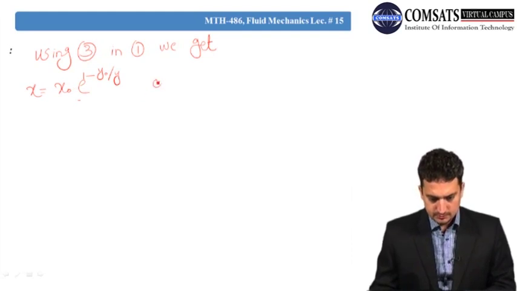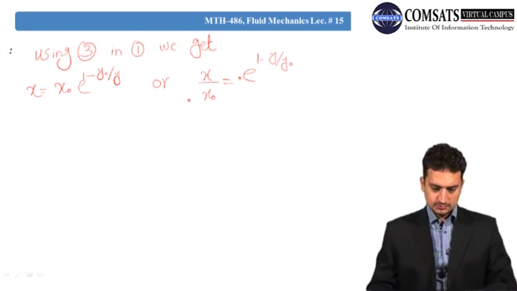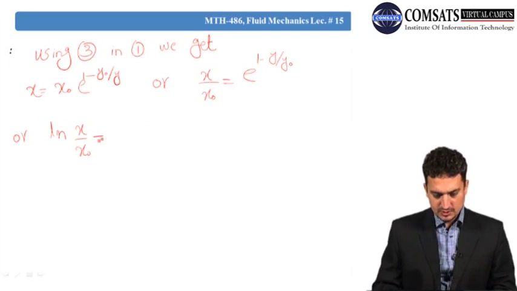Or in a simpler manner, x over x naught is equal to e to the power 1 minus y naught over y. Or simply, if you take log on both sides, then natural log x over x naught is equal to 1 minus y naught over y.